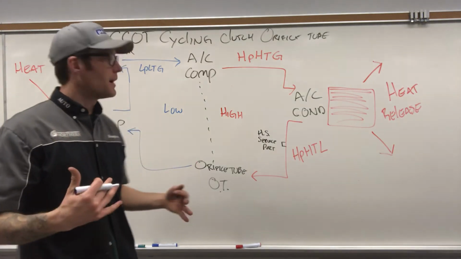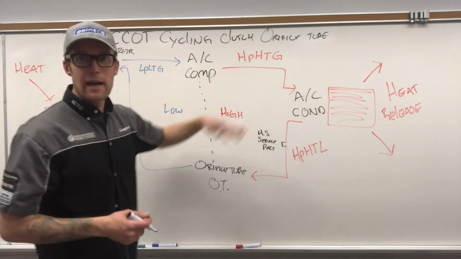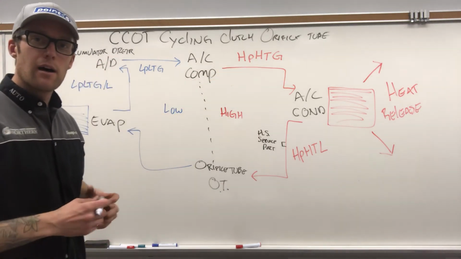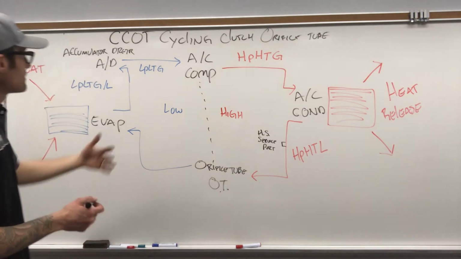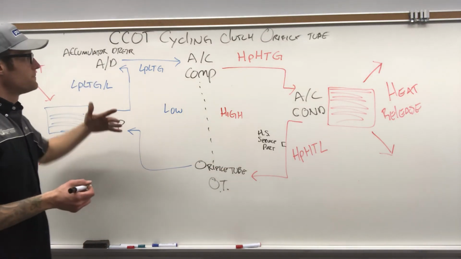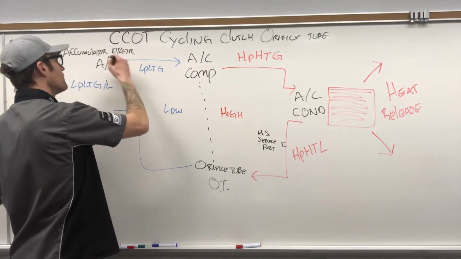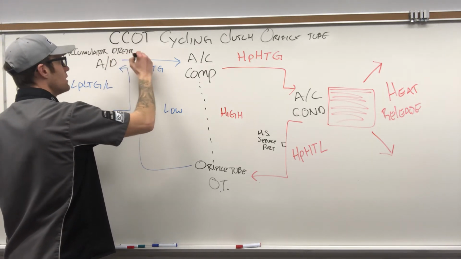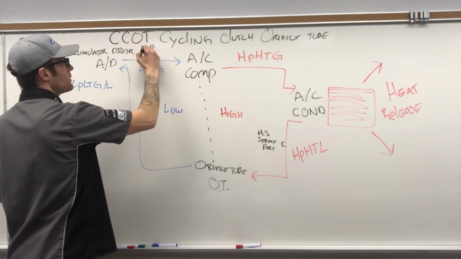I've seen it on a bunch of different applications where it's on liquid or on gas. It's not going to affect our pressures in the system, but just be aware it can be on both sides. Same with the low pressure port. So usually in an orifice tube setup, you're going to find this on the accumulator dryer. I'll just put it next door, so it'll be low pressure service port.